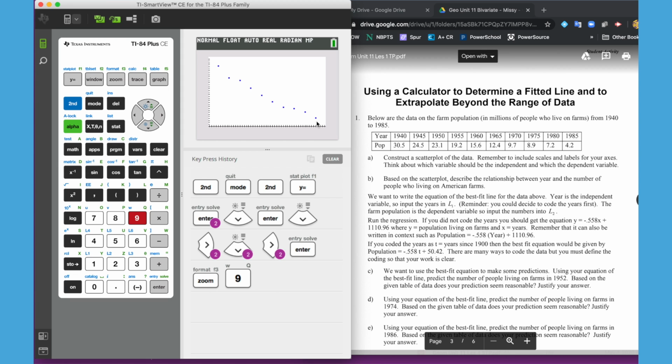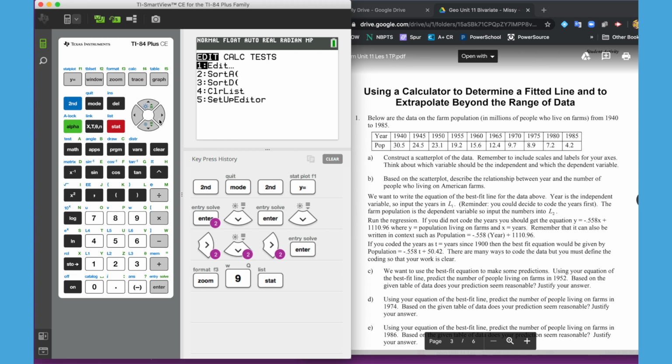But let's take a minute and get the equation that they've stated in part B. We're looking for the equation of the linear regression line, so we are going to go into stat, calculate, and you can pick either number 4 or number 8, linear regression, ax plus b or a plus bx.